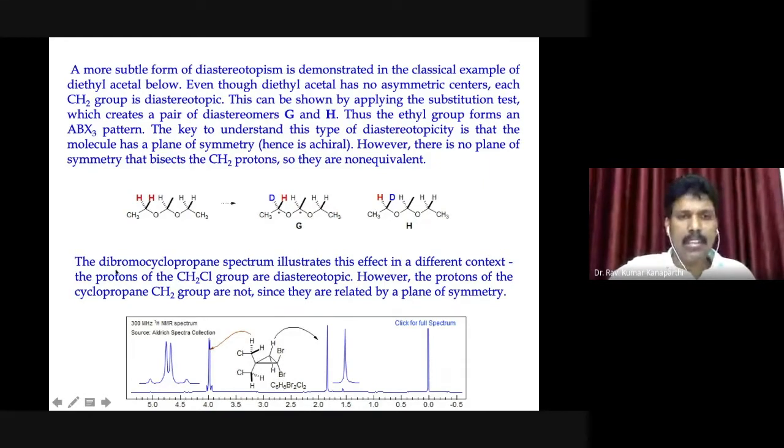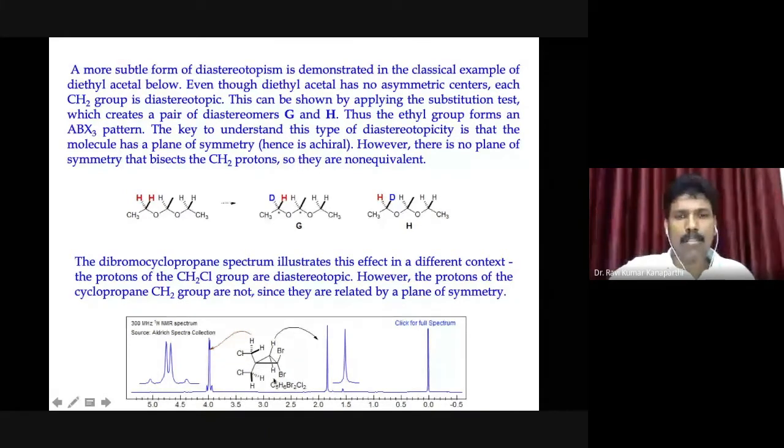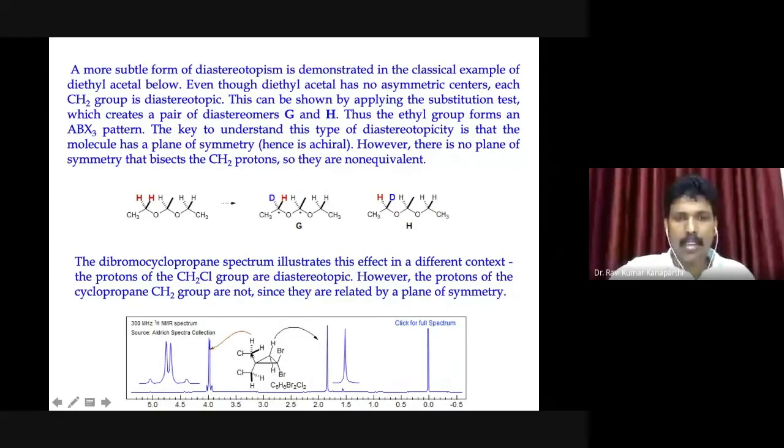And then another example that we have is a dibromo cyclopropane group, where there are some substitutions, and these two protons in cyclopropane are not diastereotopic. On the other hand, the protons on this CH2Cl, okay, so there is a substitution. This is a cyclopropane ring, and then it has a CH2Cl.